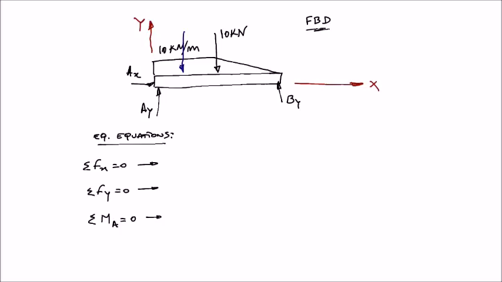This force is located at a distance from here to here of 1.5 meters, half of 3, which is where the centroid is, and this equivalent force is equal to the area of this rectangle, which means it is equal to 10 kilonewtons per meter times 3 meters.